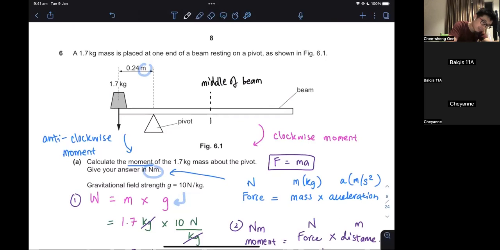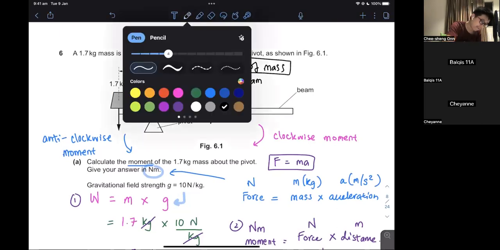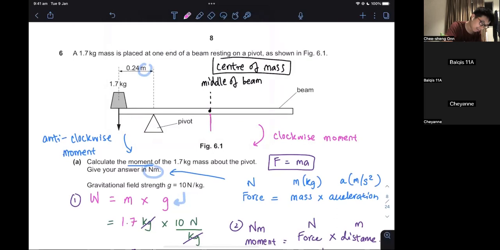We call this the center of mass, because if it is completely uniform, your center of mass is going to be somewhere in the middle, where it's exactly half of that. Okay, my diagram might not be perfect, but hopefully you get the idea that it must be somewhere in the middle. So that means we have mass coming down.